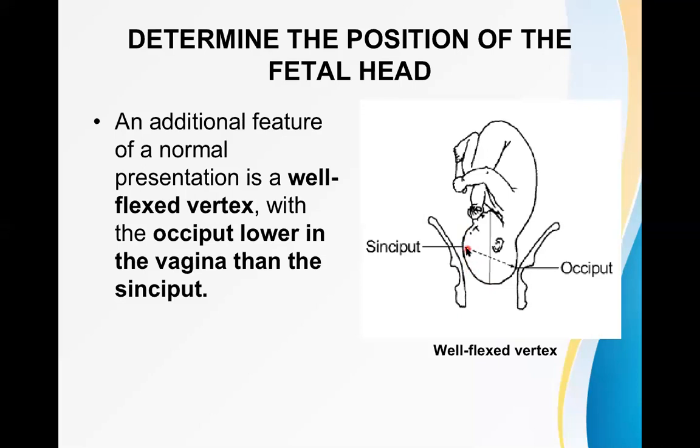So sinciput should be above the occiput in a well-flexed vertex in a normal type of position. If sinciput is lower than the occiput, remember this is not the normal position. It will cause a lot of problems in the delivery of the baby.